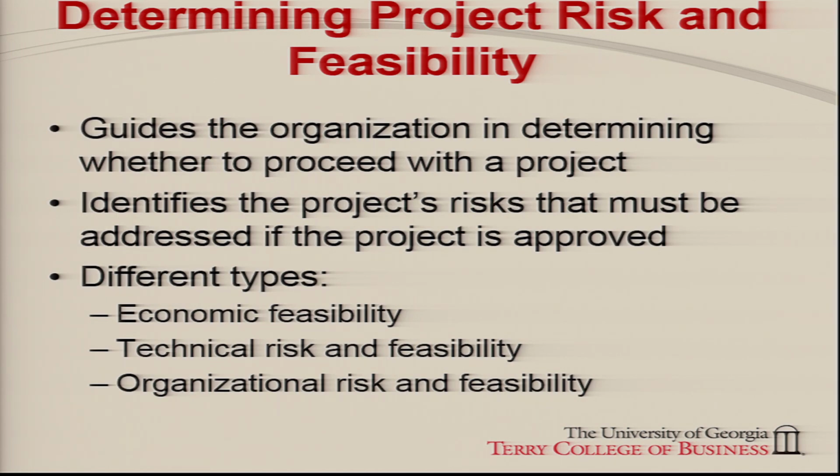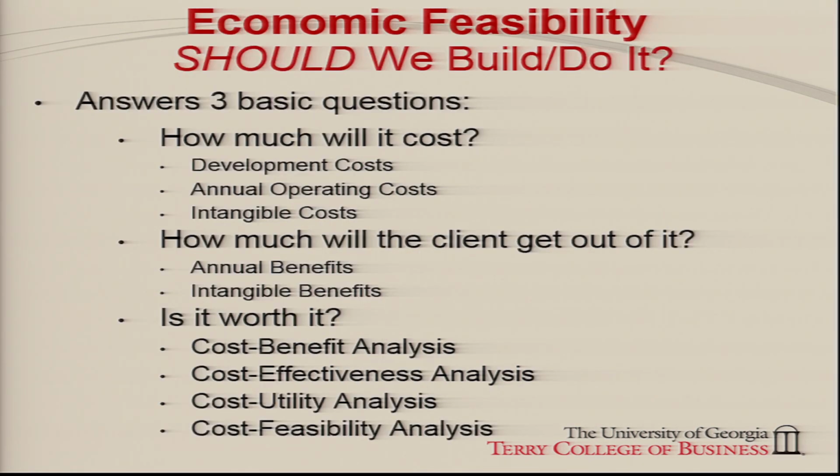And I'll talk about 3 different types of feasibility and risk analysis: economic feasibility, technical risk and feasibility, and organizational risk and feasibility. Economic feasibility answers the question, should we really do this? Does it make financial sense to do this?